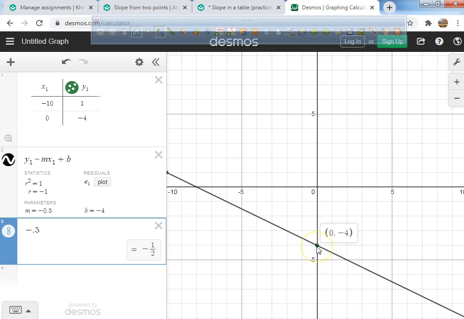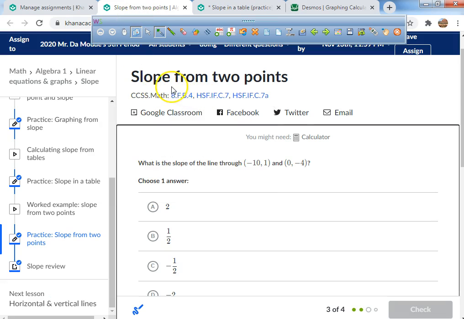Right here at a -4. So as a quick review, everybody, how many ordered pairs do you need in order to figure out the slope and the y-intercept? Just 2. That's it. Then you can find the slope and the y-intercept of any line that you want, as long as you have how many points? 2.